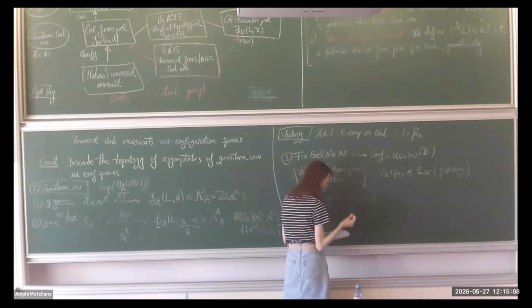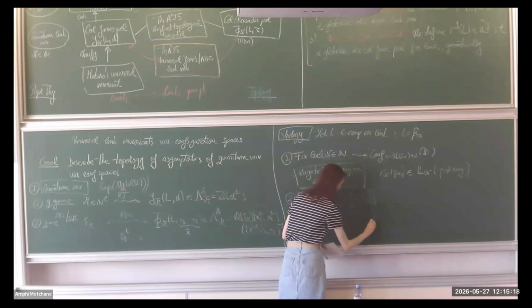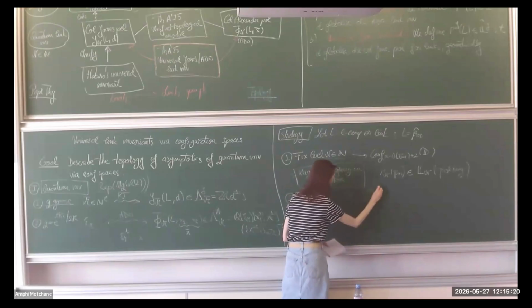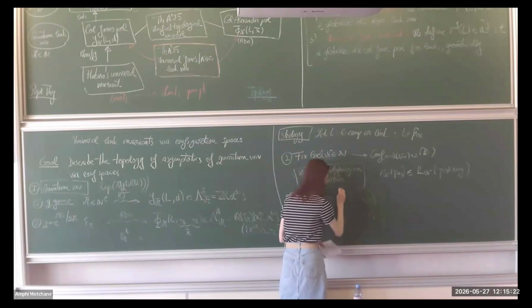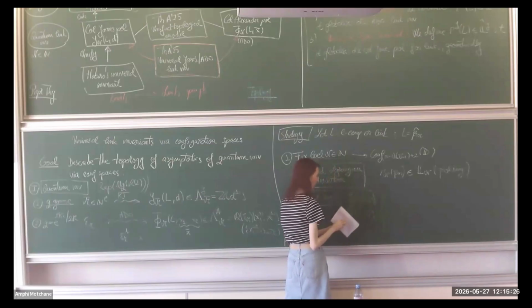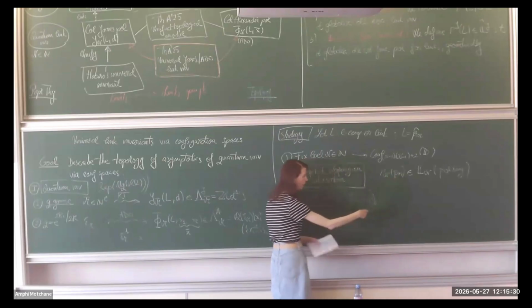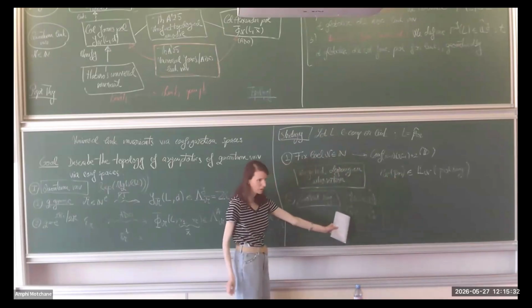And somehow the first theorem will be that these are new link invariants. So opposite to gamma n, which depends on the choice of the braid, these are really invariants of the link.